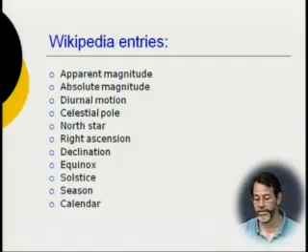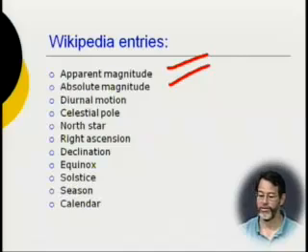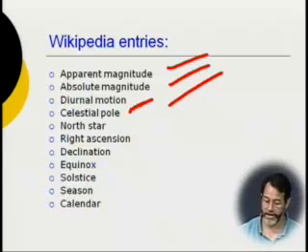A lot of Wikipedia entries today, but I don't think today's lecture is all that sophisticated. We'll be talking about brightnesses as given by magnitude. So you have your apparent magnitude, you got your basic absolute magnitude, you got your diurnal motion, which I mentioned last time. People tend to collect celestial poles, and I will point out 2 of them.